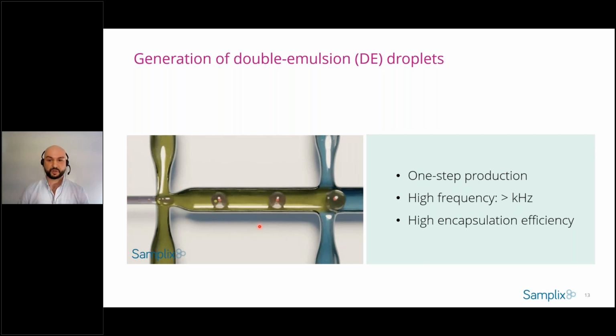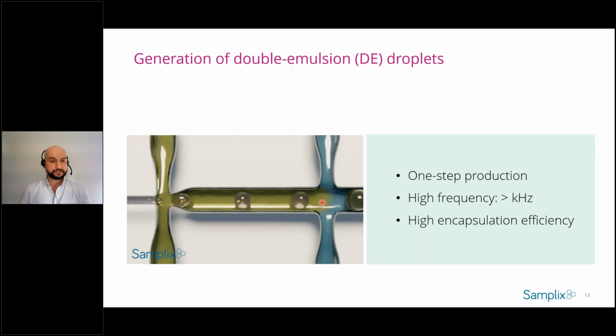So at Samplix, we focus on the generation of double emulsion droplets. In this animation, you can see the process of double emulsion generation that involves 2 different emulsification steps. In the first emulsification step, a primary water-in-oil solution is formed where the aqueous phase contains the sample.